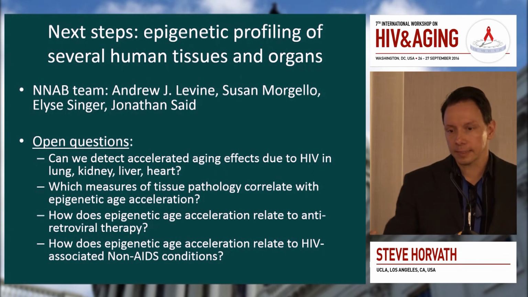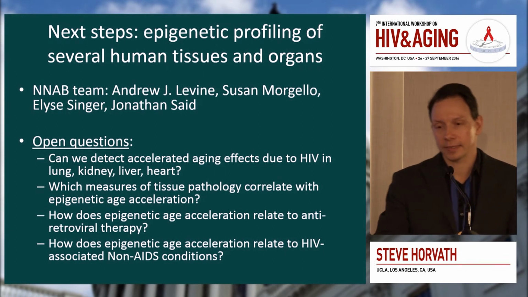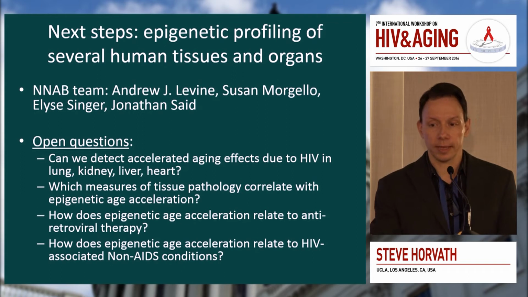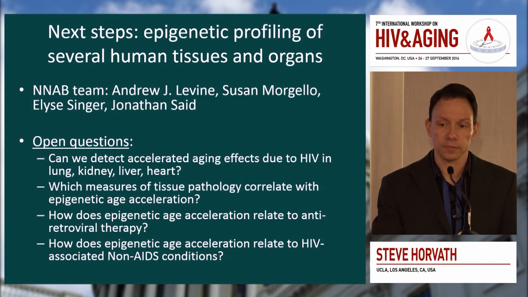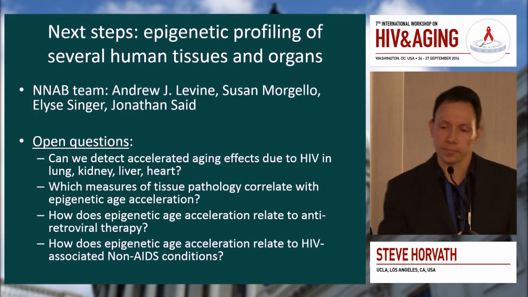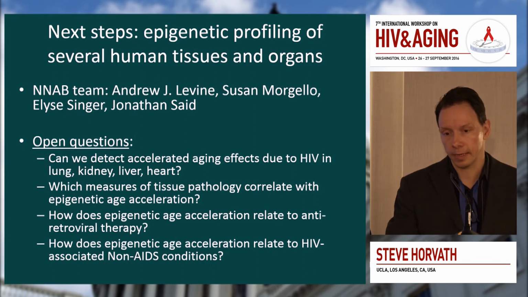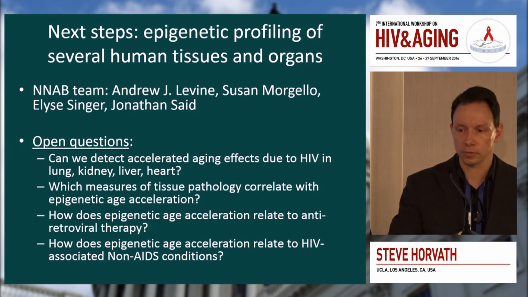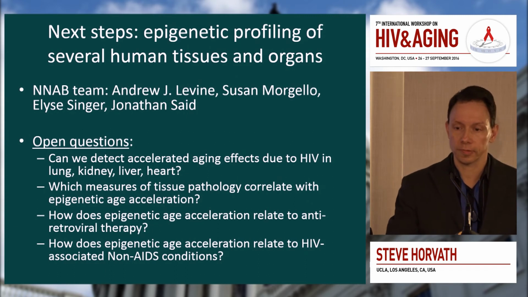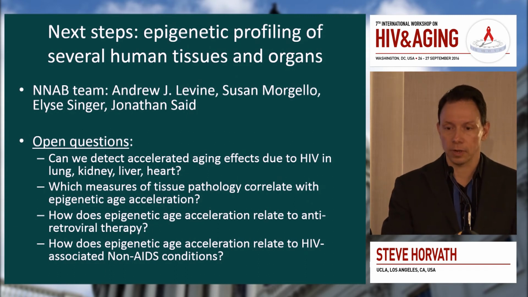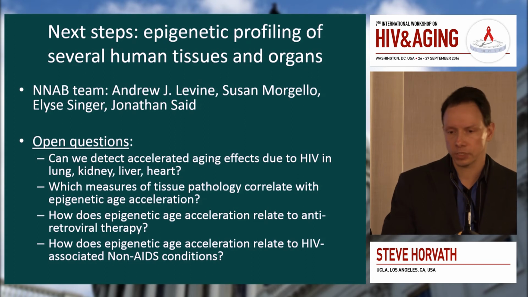So our next steps for this project are really to carry out an epigenetic profiling analysis of several human tissues. I'm very happy to collaborate with the NNAB team, Andrew Levine, Susan Morgello, Elise Singer, Jonathan Sett, and many others who have these very valuable tissue banks. What we're doing now is we will look for epigenetic age acceleration effects in multiple organs: lung, kidney, liver, heart.